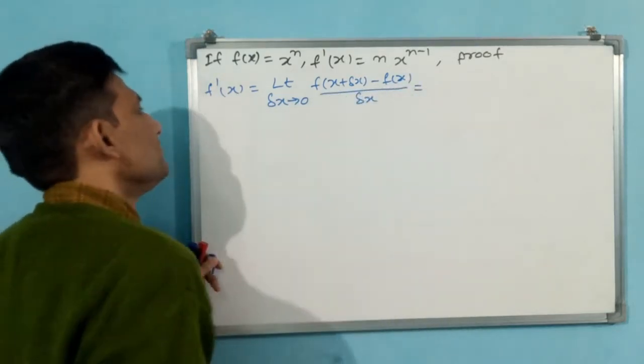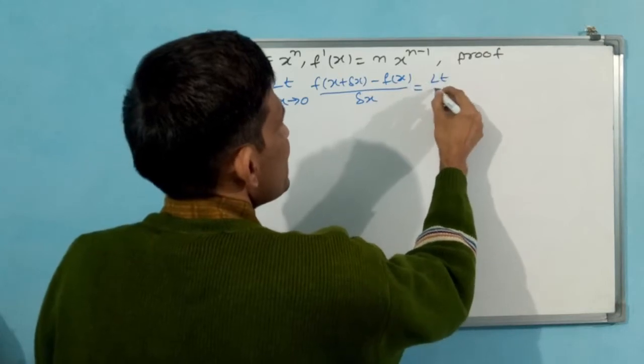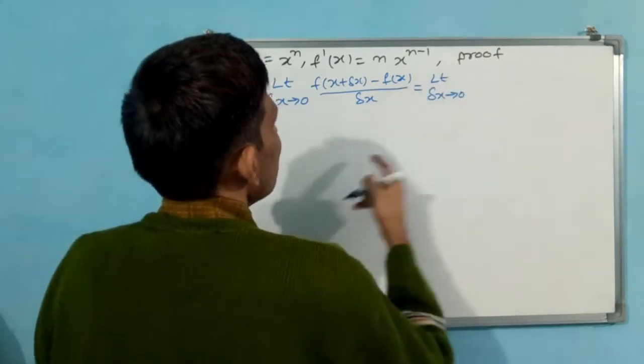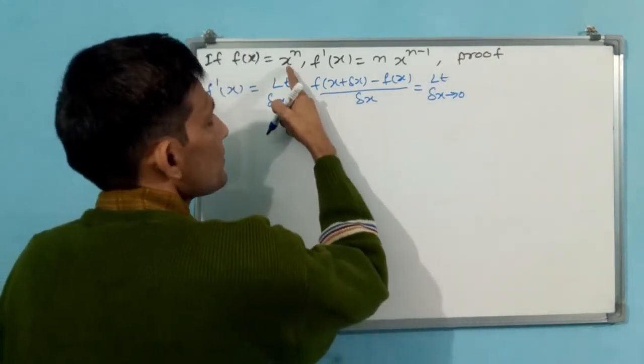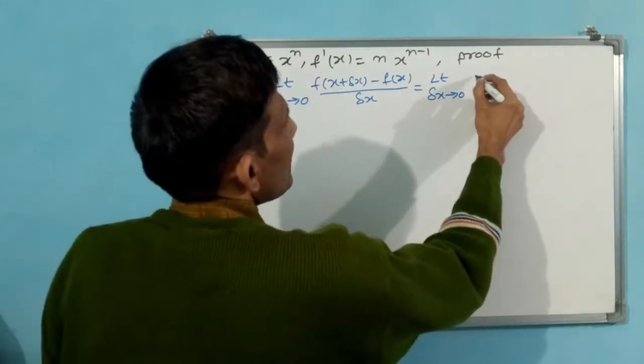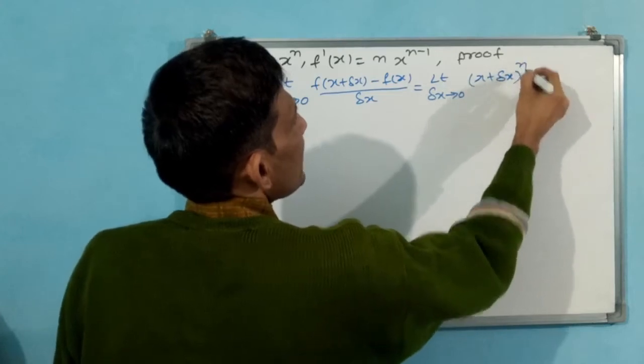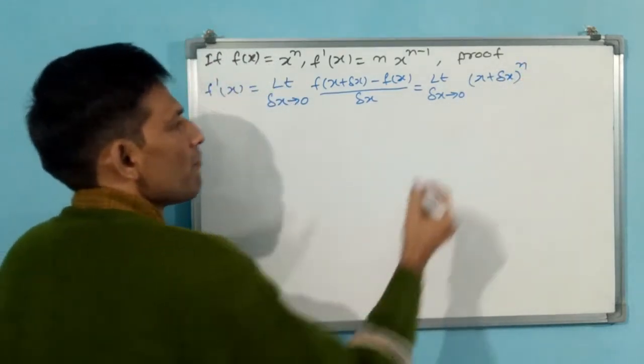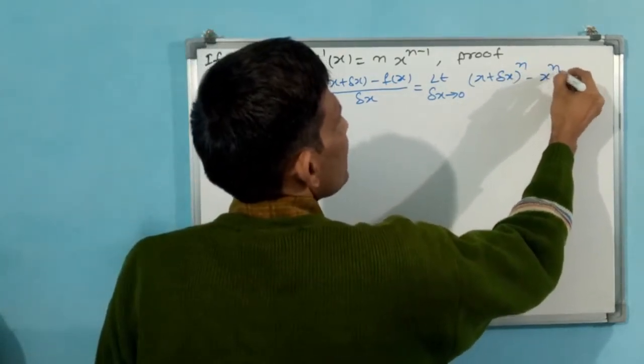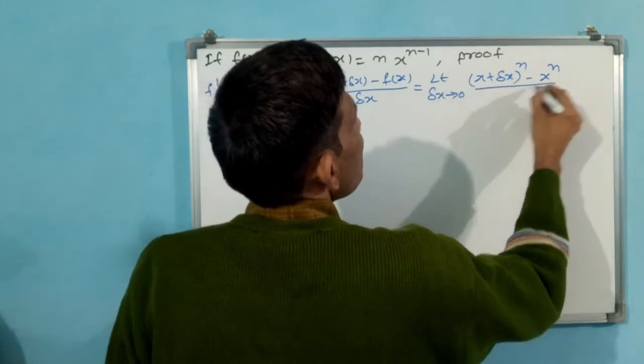That is equal to limit delta x tends to 0. See, f of x plus delta x means, here only one function is there. What I am writing, you see: x plus delta x whole power n minus x power n, divided by delta x.